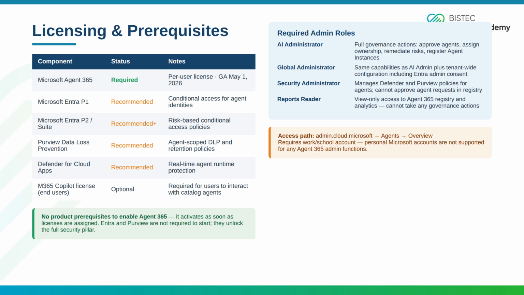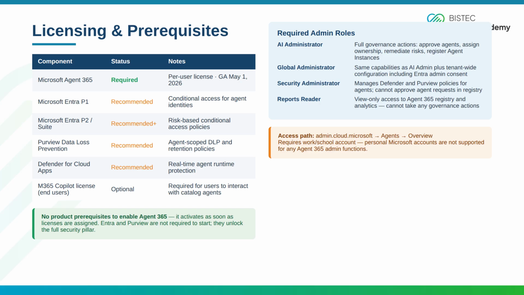Defender for Cloud Apps is recommended for real-time agent runtime protection. An M365 Copilot license is required for end users who will interact with agents published to the M365 Copilot catalog, but it is not required to run the Agent 365 administrative functions covered in this session.